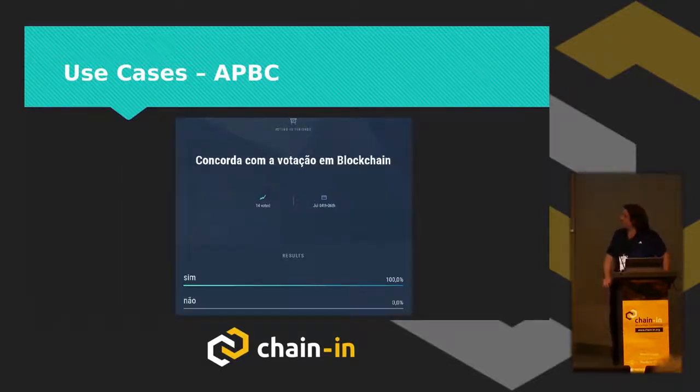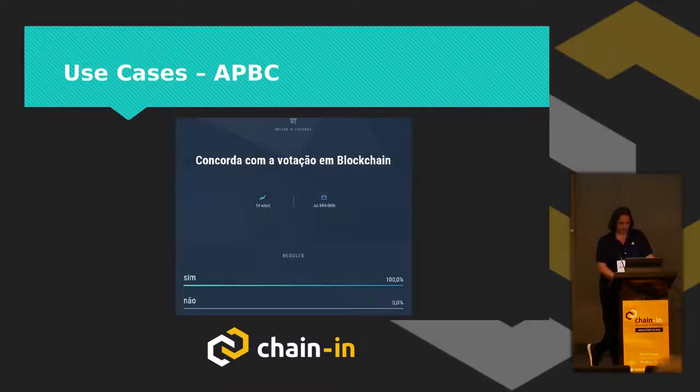We already made a first online vote, which is, do you agree with us getting the votes on the blockchain? And we got 14 votes, no votes against, so it was a successful campaign.